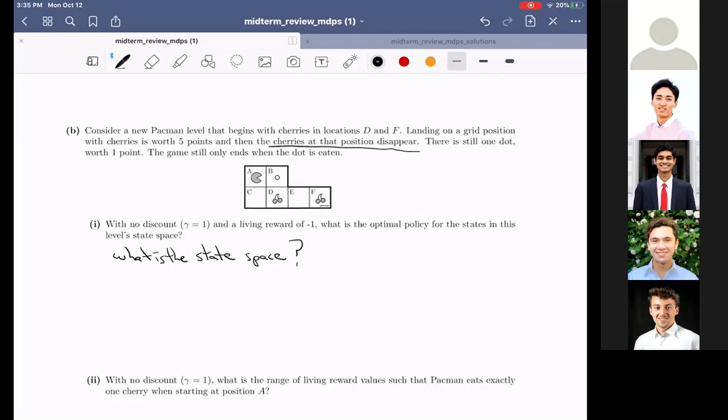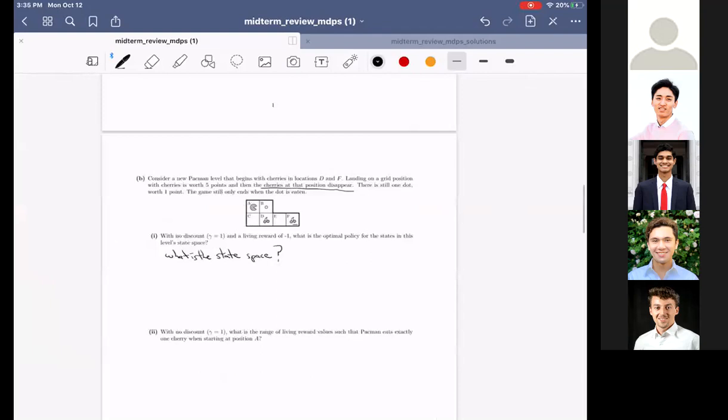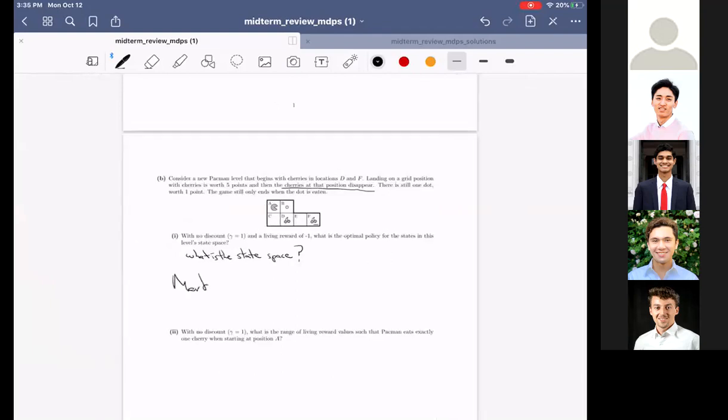The reason this is important is because of the Markov property in MDPs, since they're Markov decision processes. That basically tells us that the future is independent of the past given the present.